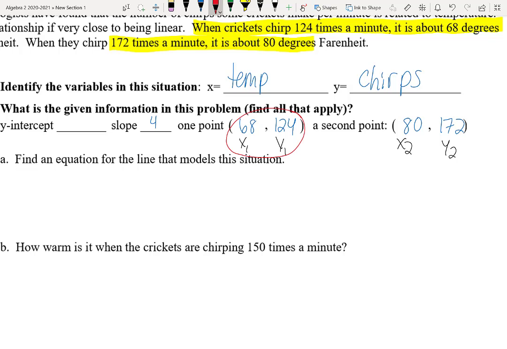So my equation that I would write for this situation would be y minus 124, because that's y minus y1, equals my slope, which we figured out is 4, times x minus x1, which is 68. So that's the equation that I have set up.